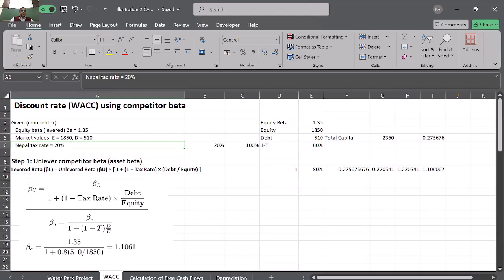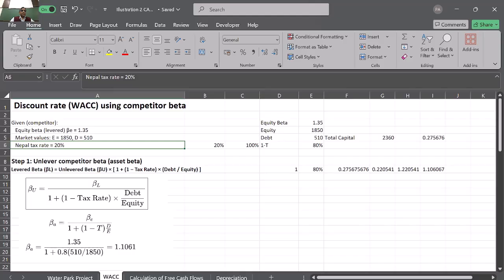Now we are given the equity beta, which includes the debt part also. So we are going to exclude the debt part and calculate the unlevered beta. The formula is: the competitor's levered beta is equal to unlevered beta into 1 plus (1 minus tax rate) into debt upon equity.